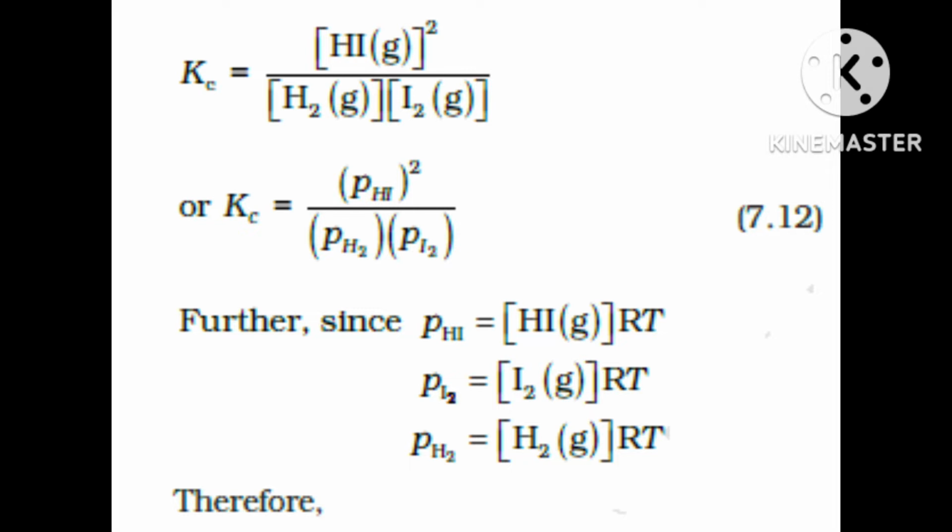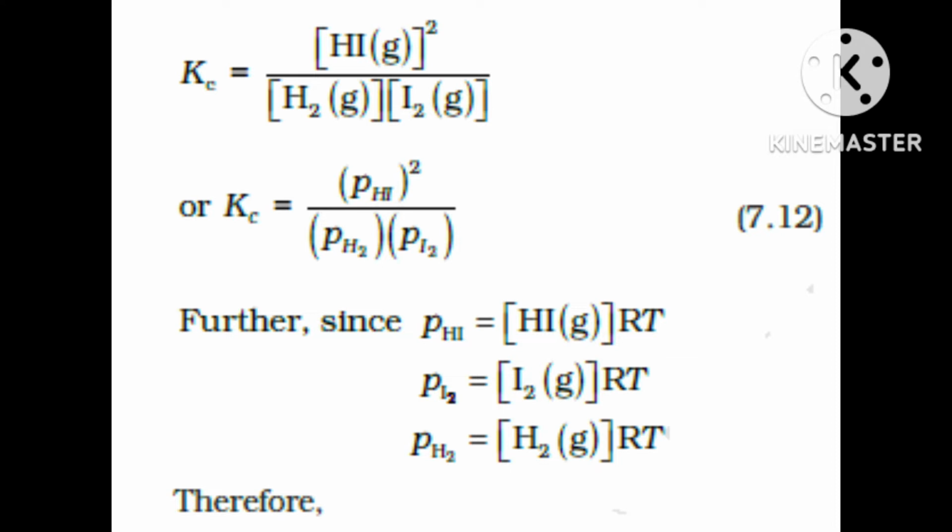You know the ideal gas law: PV is equal to nRT, where P is the pressure, V is the volume, n is the number of moles, R is the universal gas constant, and T is the absolute temperature. Five terms are there. Then P is equal to how much? P is equal to nRT divided by V.